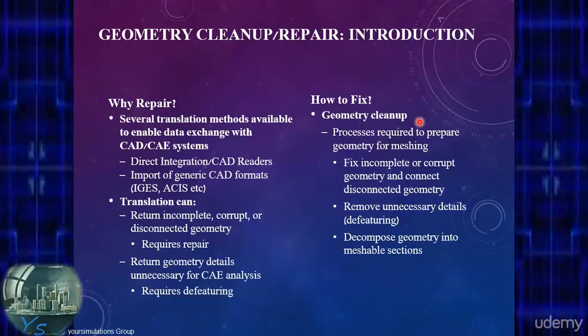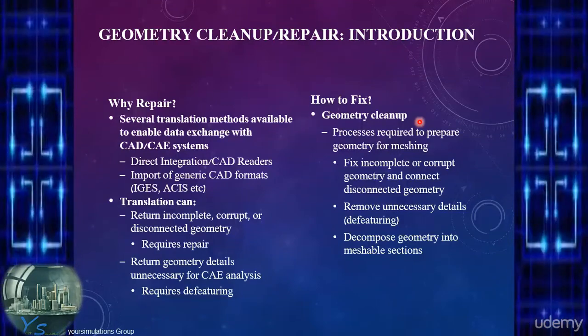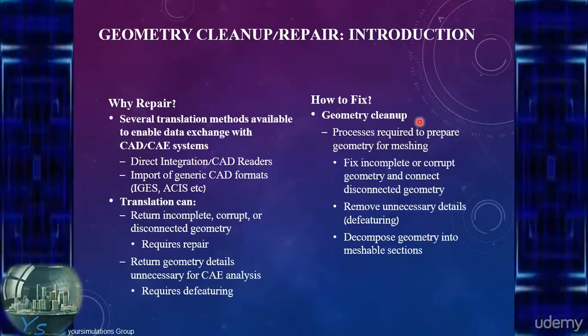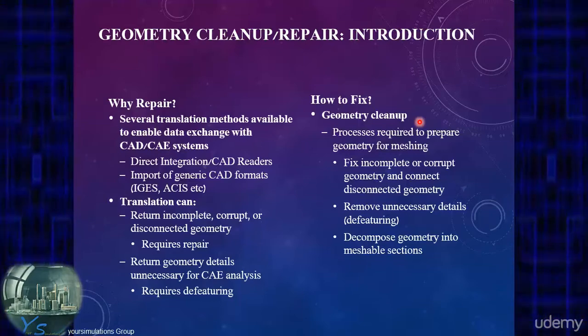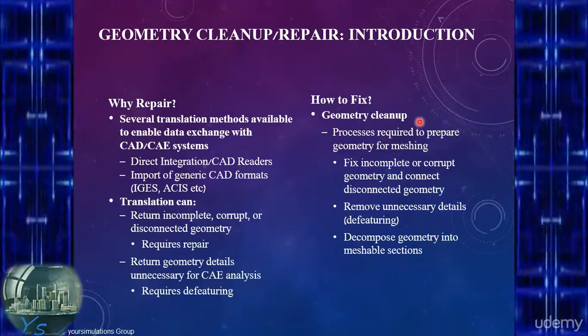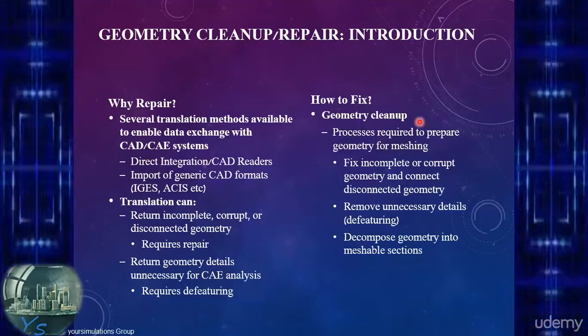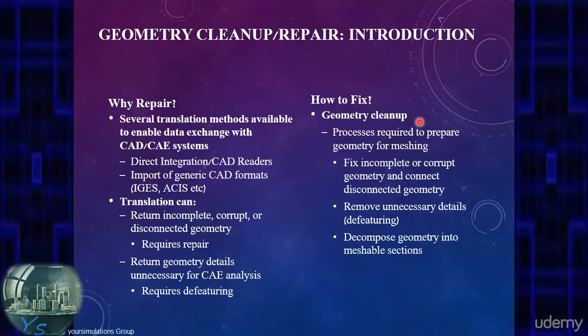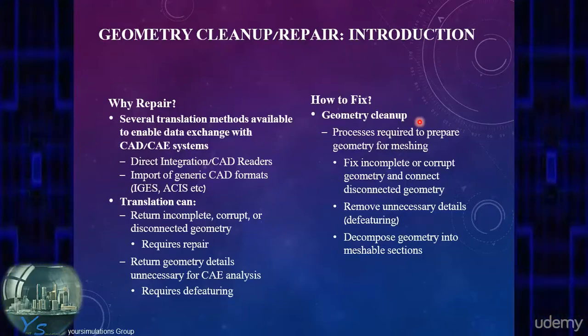And defeaturing involves removing of unnecessary details. So if we have, for example, bolt holes and threads, nameplates, embossing, all these types of features that we don't actually need for the simulation and would cause unnecessary problems, we can actually remove those using some of the defeaturing tools available in ANSYS Design Modeler.